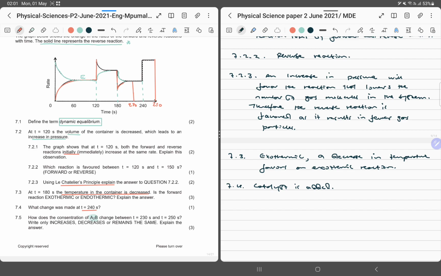Now, what happens here? If we're in equilibrium, it means the concentrations of products and reactants are constant. And then here we're raising both the forward and the reverse reactions by the same rate. So that means the concentration stays constant. And then we reach equilibrium, we still stay constant. So it remains the same.